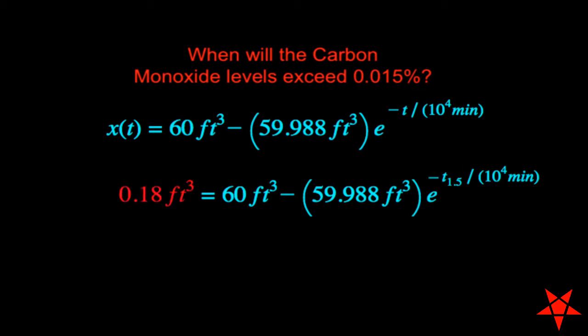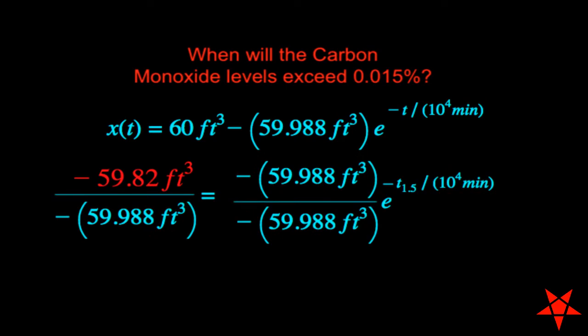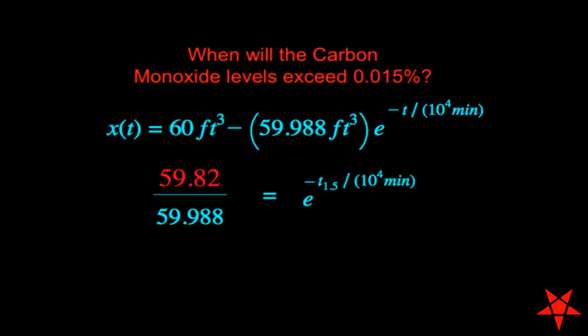0.18 cubic feet amounts to the target percentage, and we're going to start by moving 60 cubic feet on the right-hand side over to the left. We can then divide both sides by negative 59.988 cubic feet. Multiple terms cancel out, and we're left with a positive number on the left equal to an exponential on the right.